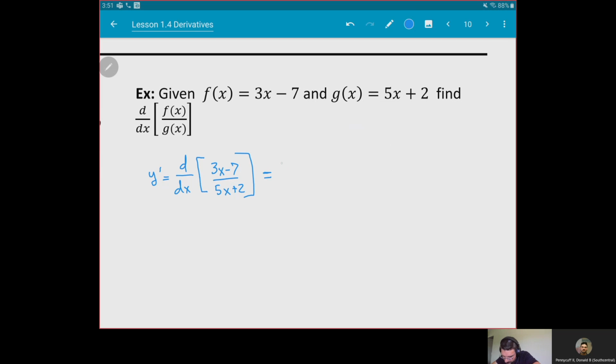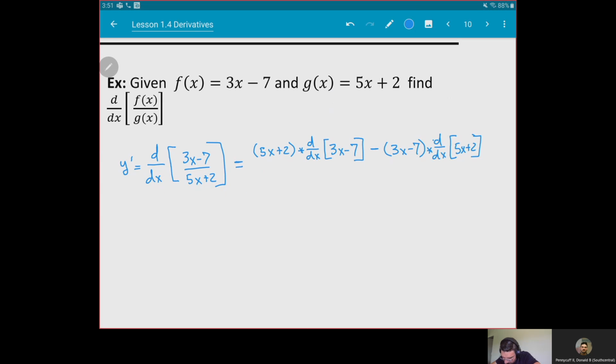So we're going to do the low first, the bottom, 5x plus 2, d, which stands for derivative, high, which is the top. So low d high minus high d low. All of this over low low, which just means the bottom squared.